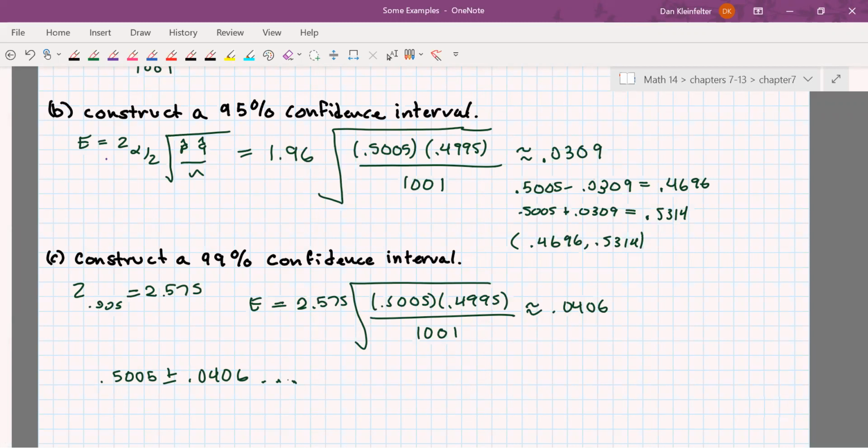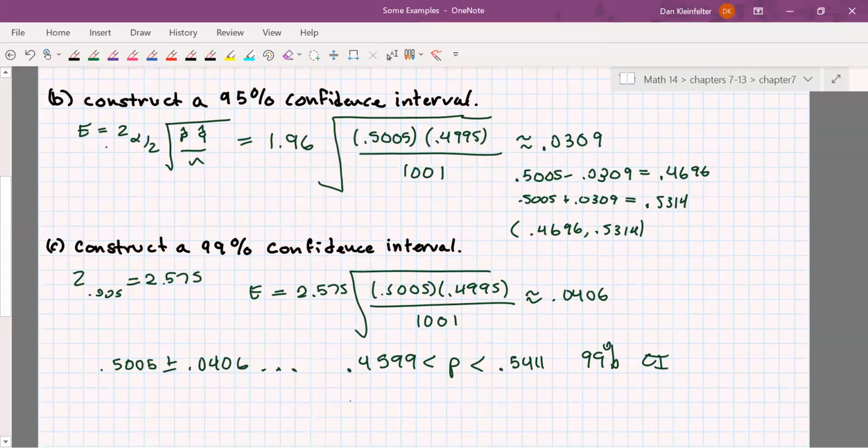So we'll have 0.4599, and then we'll have 0.5411. And that will be our 99% confidence interval.